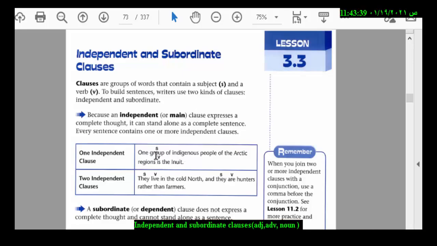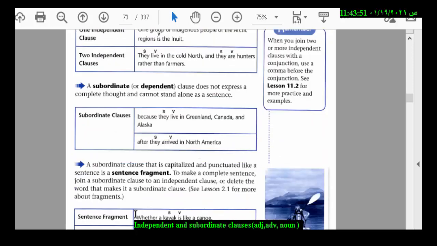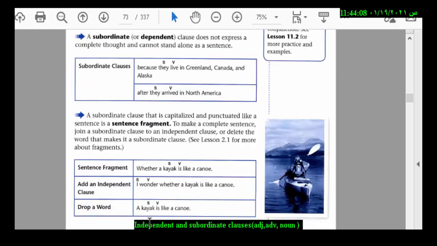So an independent clause makes sense. A subordinate clause needs more information and it always begins with a conjunction. So how do I change a subordinate clause to an independent clause? Simply, you can drop the conjunction at the beginning, or you can add more words at the end to make it complete.